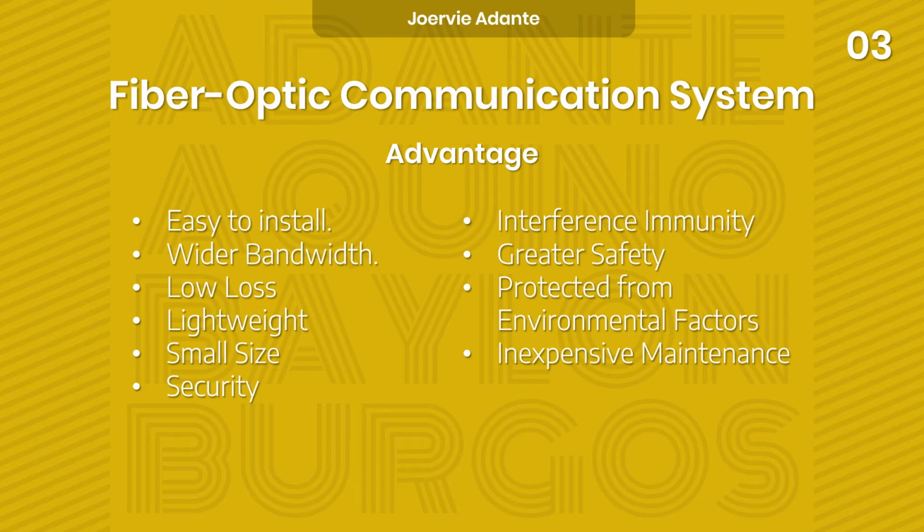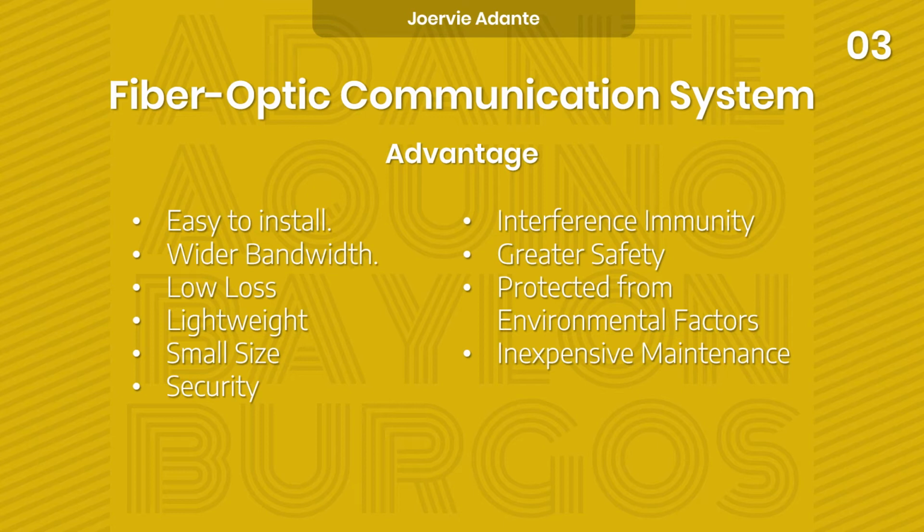It is lightweight. Glass or plastic cables are much lighter than copper cables and offer a benefit where low weight is critical. Small size. Practical fiber optic cables are much smaller in diameter than electrical cables and thus can be contained in a relatively small surface or space.